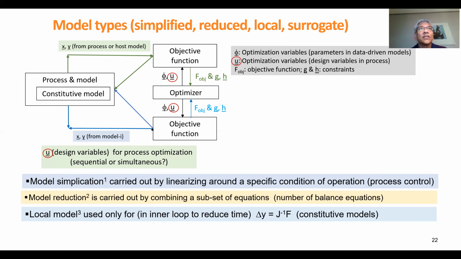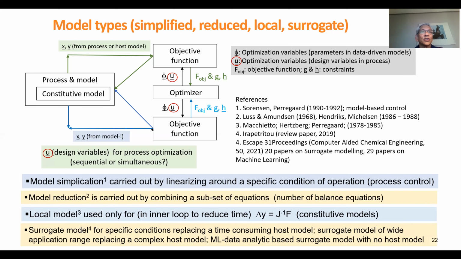So in all of these, the main thing was to save time, but also it was to make sure that the results are correct and consistent. So convergence with the local model would be checked with the rigorous model. These days, surrogate models have also been proposed. As far as I understand, the surrogate model does not require the two loops.